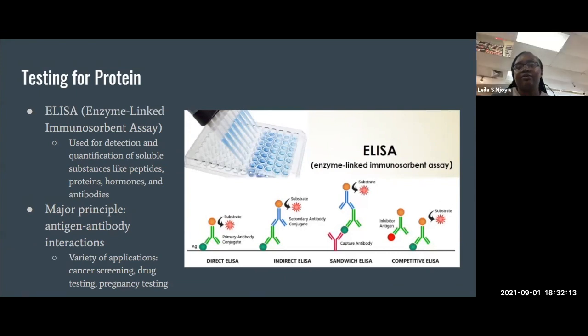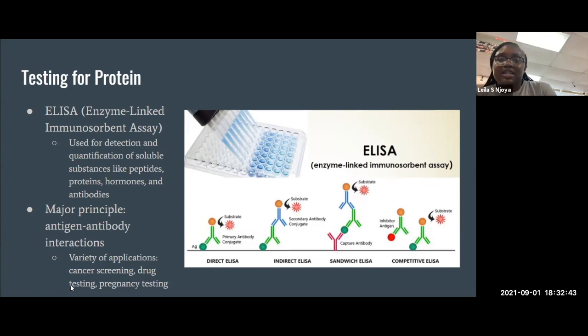Another technique for detecting proteins is the ELISA method. ELISA stands for enzyme-linked immunosorbent assay, and it's a detection and quantification of soluble substances like peptides, proteins, hormones, antibodies, and more. The major principle behind ELISAs is antigen-antibody interactions, and there's a variety of applications of ELISAs in cancer screening, drug testing, pregnancy testing, and more.